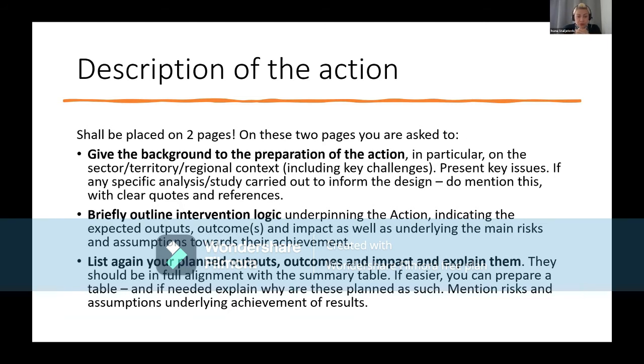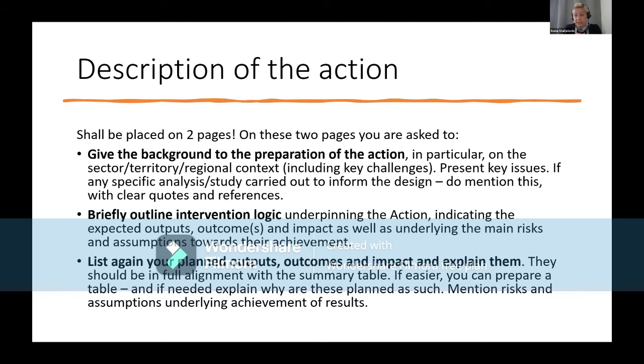And then you should list again your planned outputs and outcomes and impact and explain them. First in brief, and then give more details up to these 2 pages that you have for the description of your action.